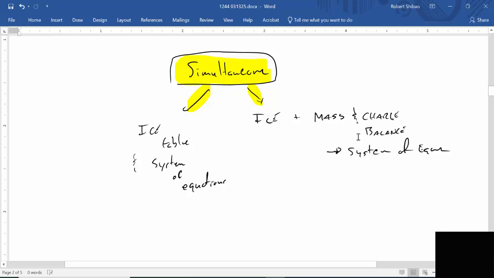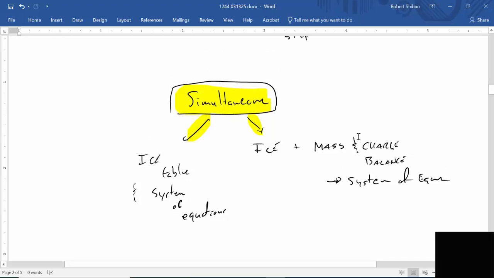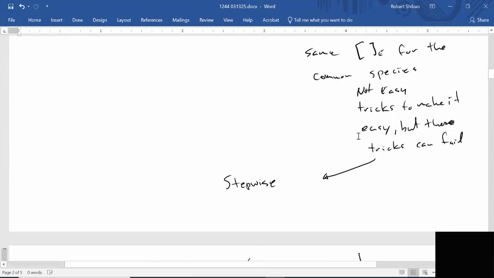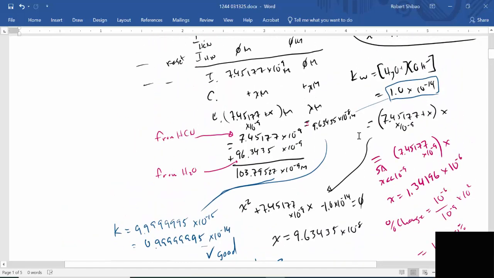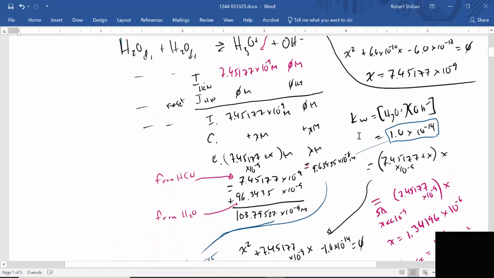I'm a little confused about why we're doing this again, as opposed to other ICE tables where we didn't. We're doing this because we're in this Le Chatelier's perturbation loop, where each time we solve the ICE table, it screws up the previous one.